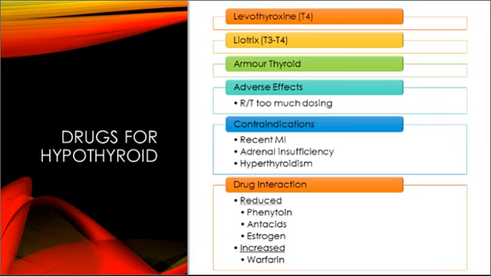Liotrix is T3 and T4. Armour Thyroid is an over-the-counter, but that sometimes actually is prescribed. Out of the three, levothyroxine is the most stable, direct. They know exactly how much thyroid hormone you're getting, where the other two are not always quite exact.